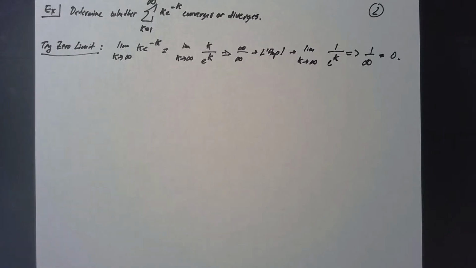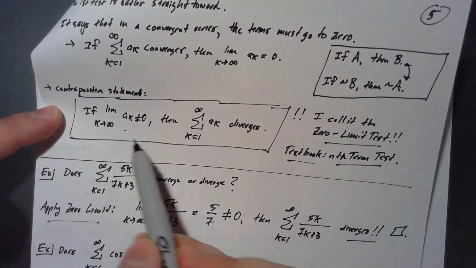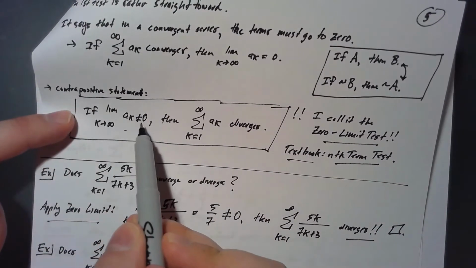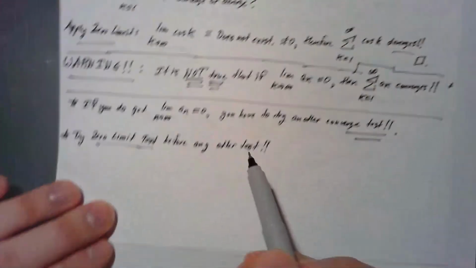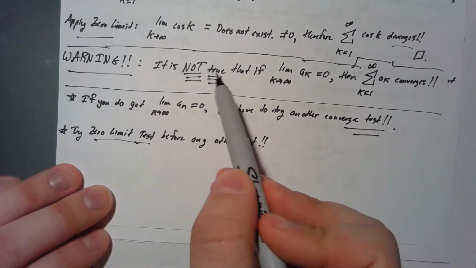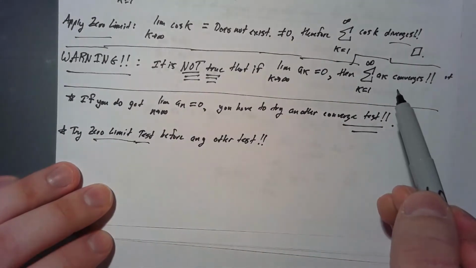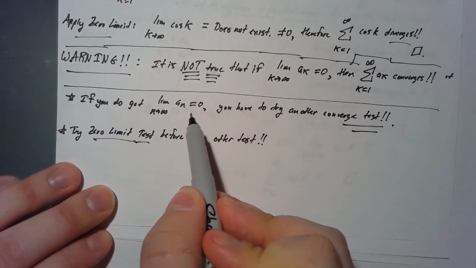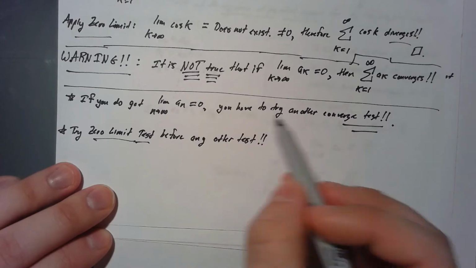So here, this was the previous section's notes. This right here is the zero limit test. If the limit is different than 0, then the series diverges. However, remember I said down here, it is not true that if the limit is equal to 0, the series converges. If you do get this, you have to use another convergence test.